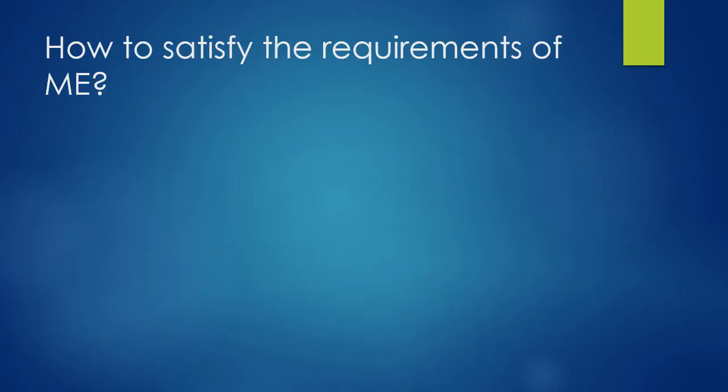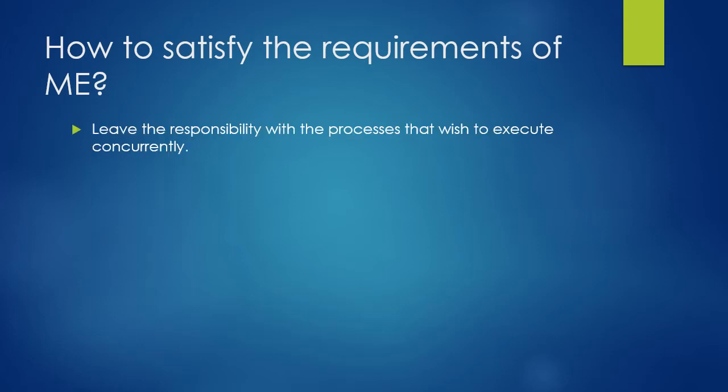How do you satisfy the requirements of mutual exclusion? Well, there are several ways in which these requirements can be met. One approach is to leave the responsibility with the processes that wish to execute concurrently.